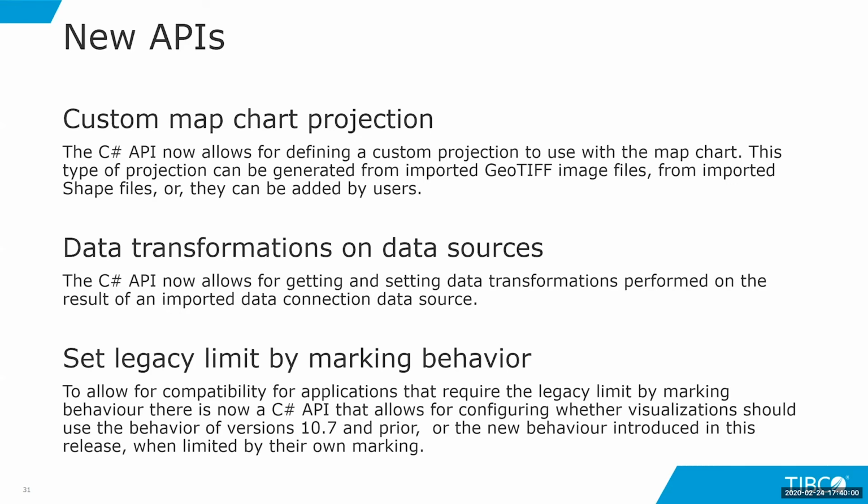So that's related to the flexible drill down feature that I demoed initially. And in order to make it possible to have exactly the old behavior of Spotfire, if there are applications that require that, there is also API support to set this legacy limit by marking behavior.